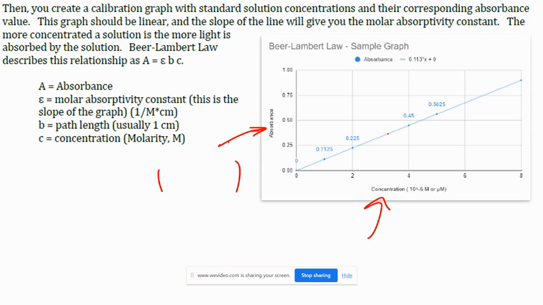The path length, which is usually 1 centimeter, and it is 1 centimeter for you, times the molarity, which you will know. Okay? If you know this guy and you know these two, then you can solve for C. That makes sense? So that's Beer-Lambert.